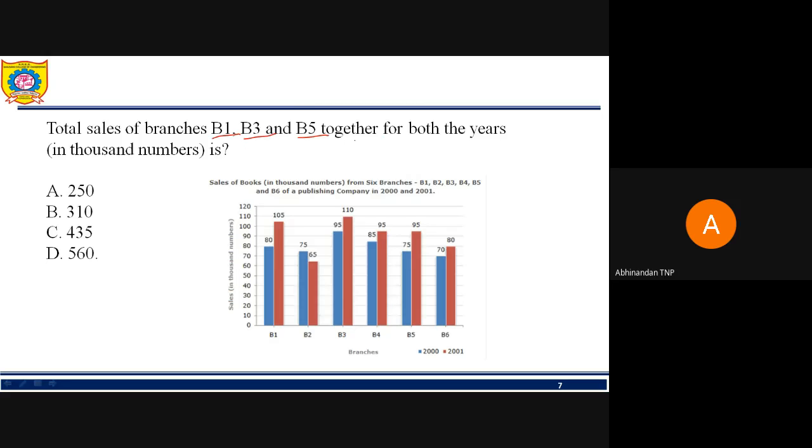It is asked together. So what is the total sale? B1 is 185. Next B3 is 205.